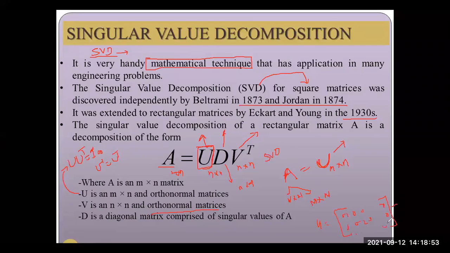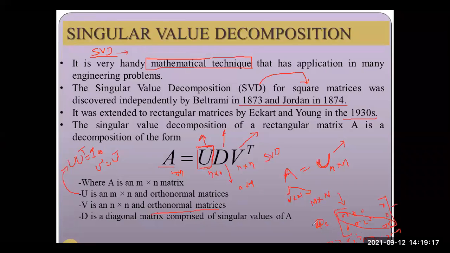Similarly, it will go up to row n. Now these row values are stored in decreasing order. Row 1 will be greater than or equal to row 2, and row 2 is greater than or equal to row 3, similarly down to row n.